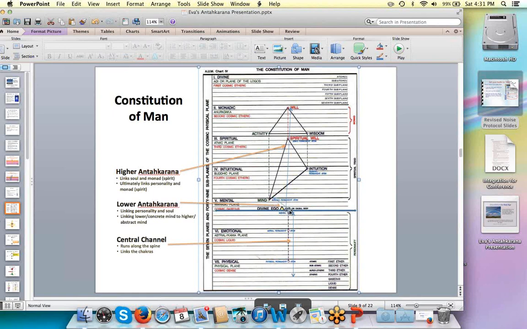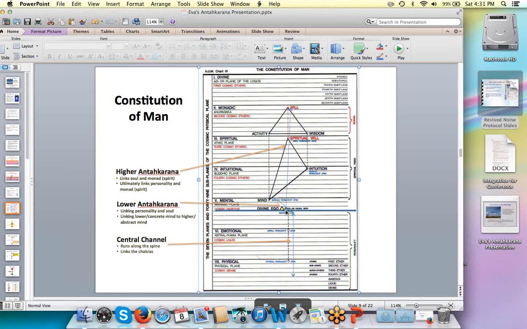This is called the lower Antahkarana. The higher Antahkarana is the bottom of the spiritual triad, eventually all the other parts of the spiritual triad right up to the monad. So that's later on.